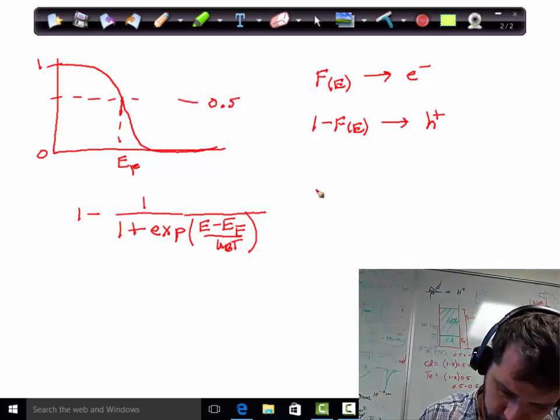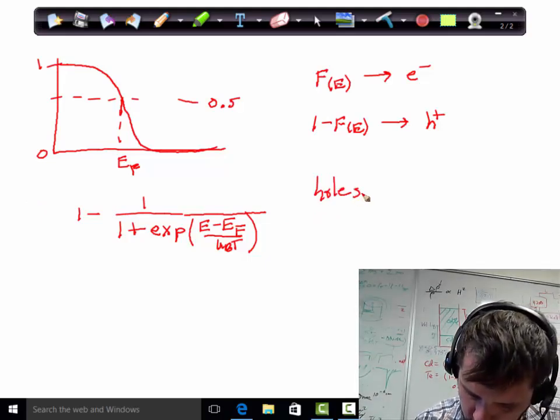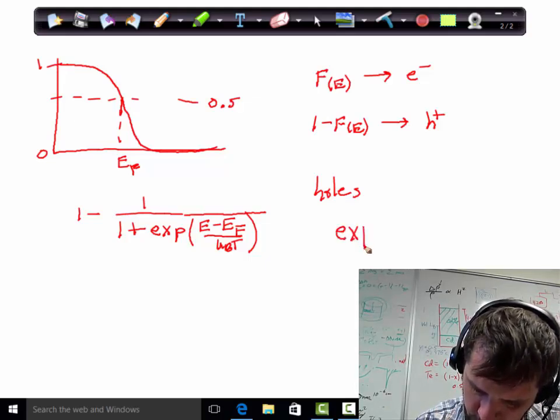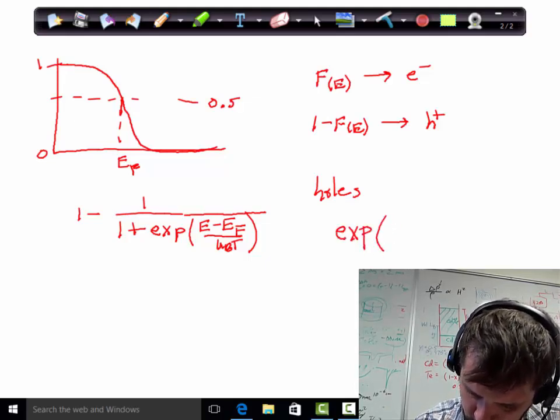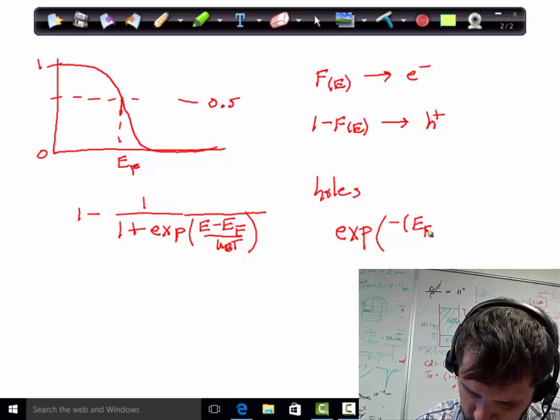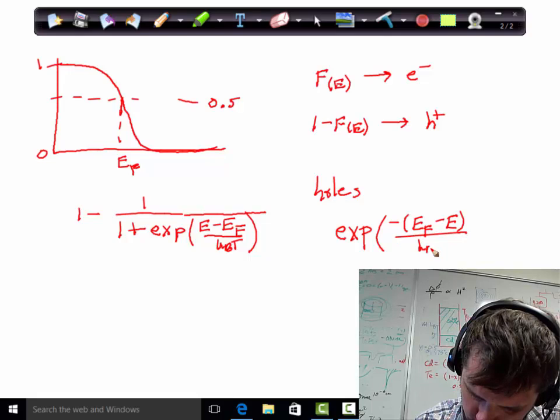So for holes, the Boltzmann approximated distribution function is going to be kind of the same thing, but we're going to put EF minus E over kBT.